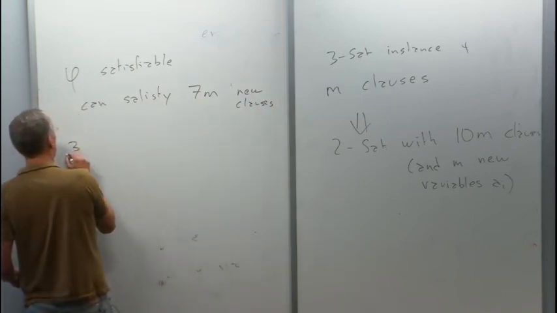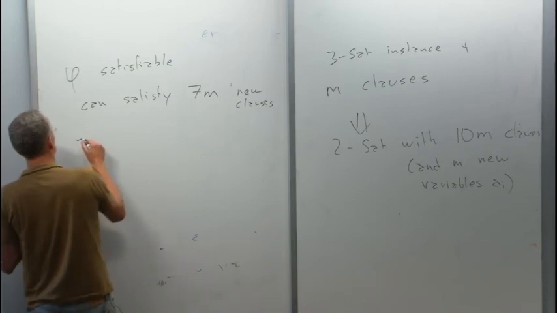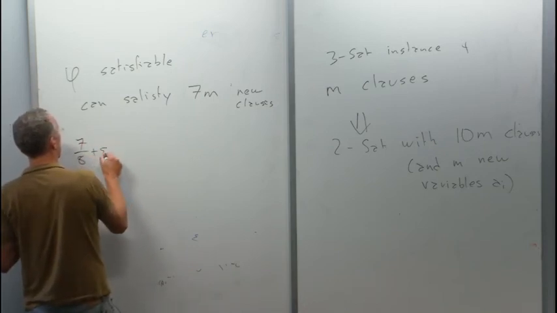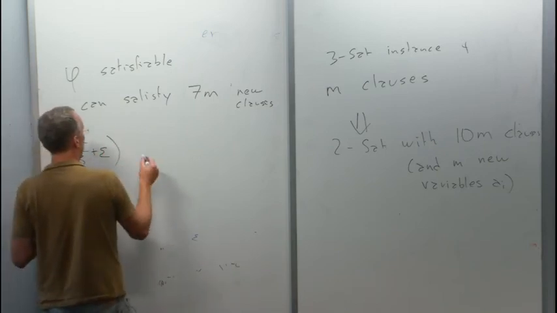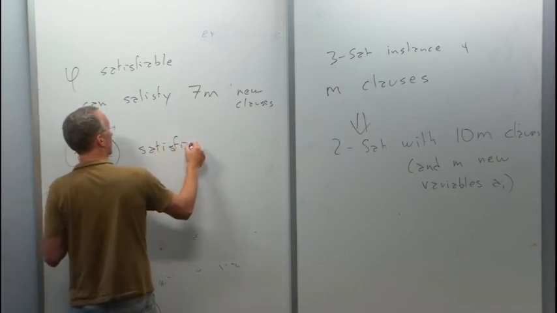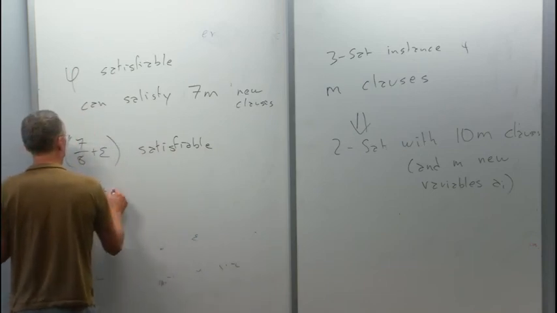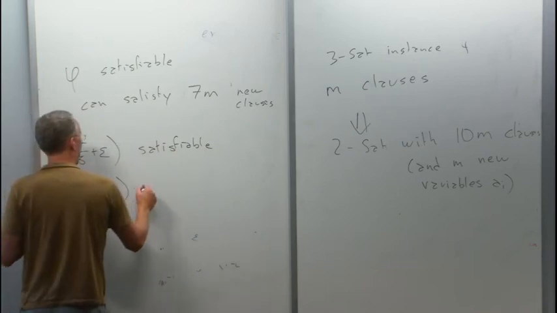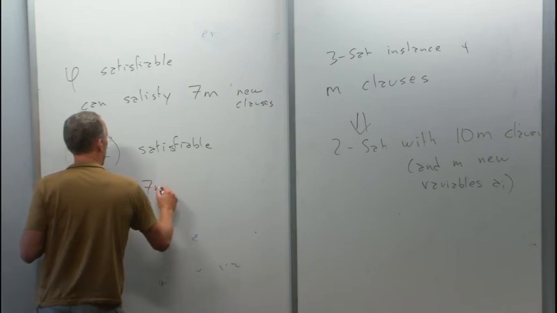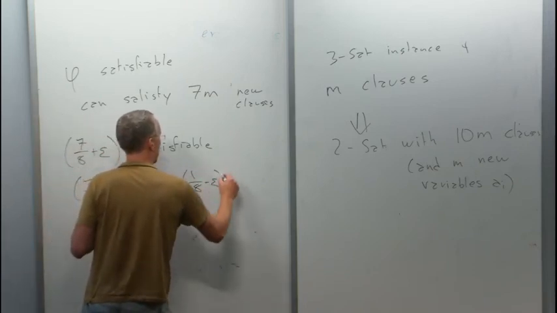And if we can only do 7/8 plus epsilon, then we get 7/8 times 7m plus 1/8 minus epsilon times 6m.